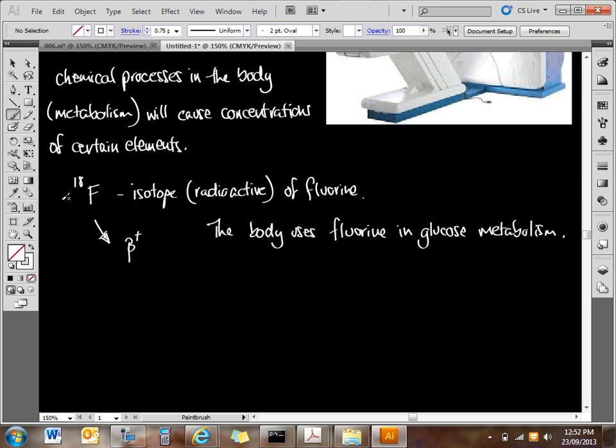Why, I'm swallowing this isotope of fluorine. Why is it that this isotope of fluorine is used exactly the same as regular fluorine in the body? Yes. Exactly. So the body processes work via chemical reactions.